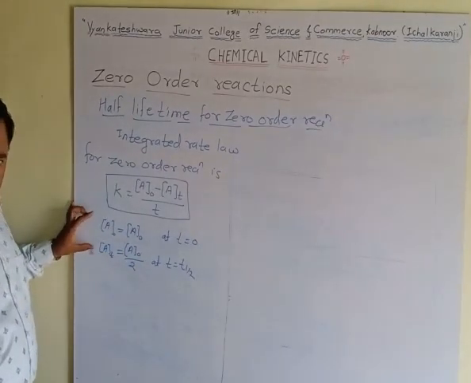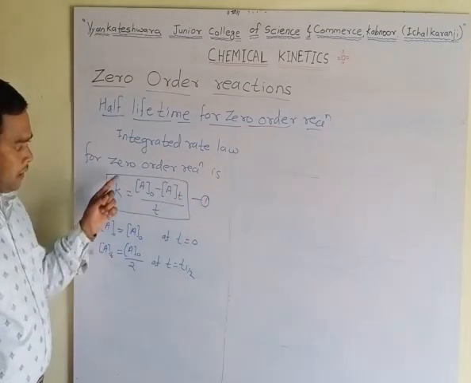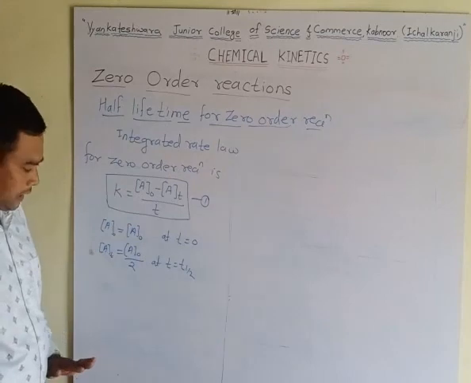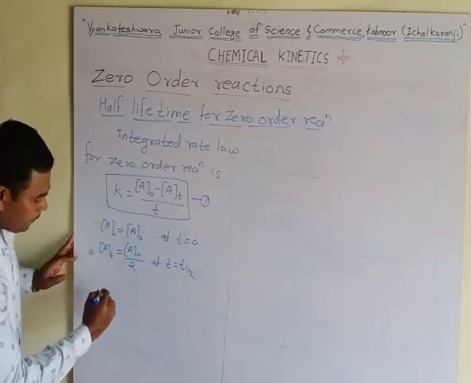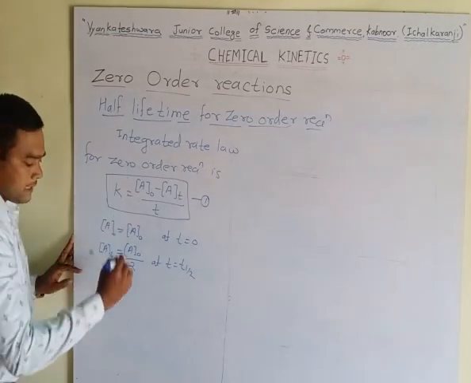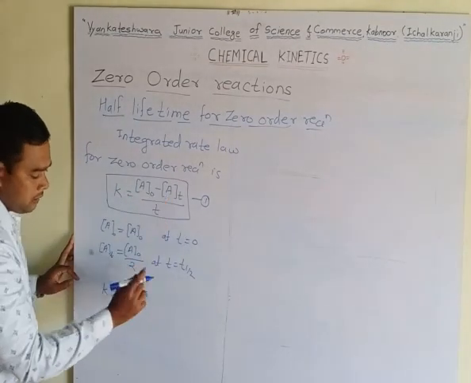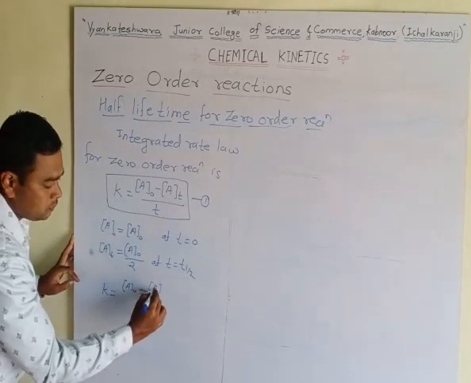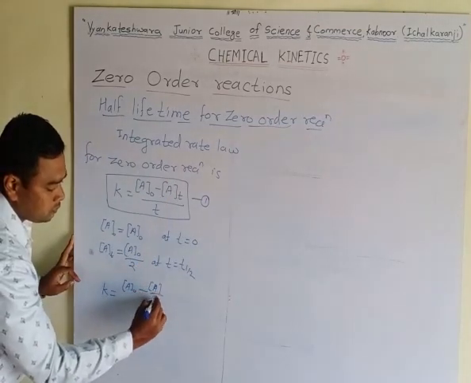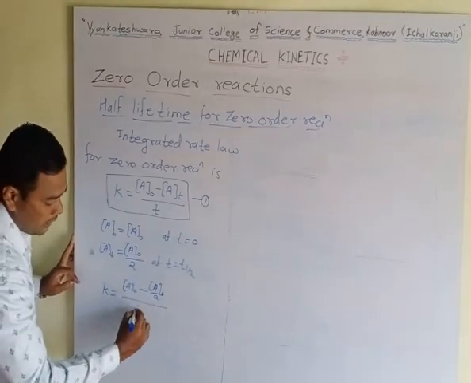Substitute these two values in equation number 1, the integrated rate law for zero order reaction. Therefore, K equal to A0 minus At, which is A0 by 2, divided by time t equal to t half.